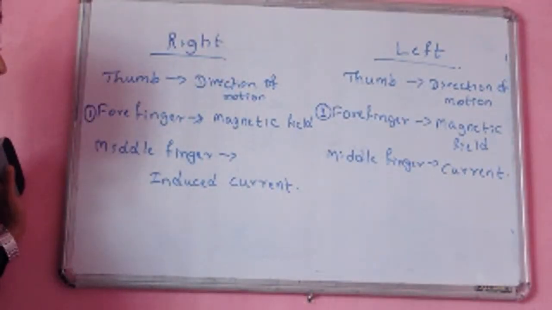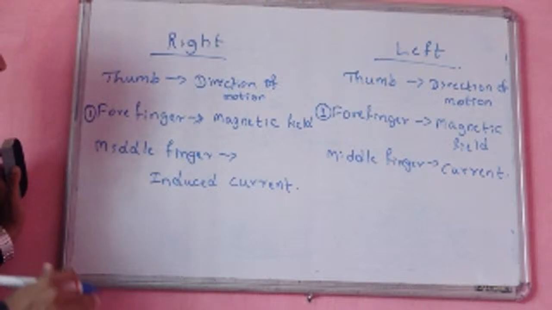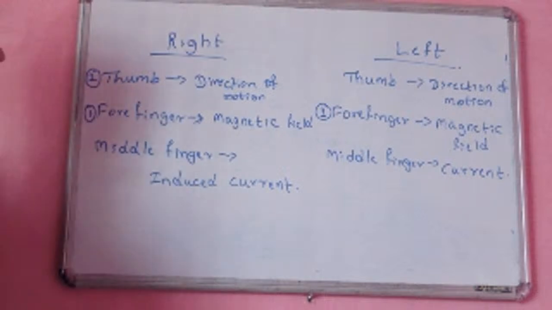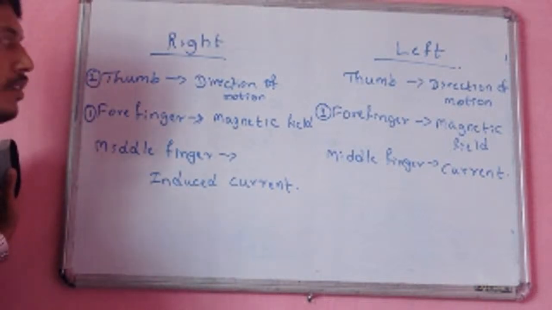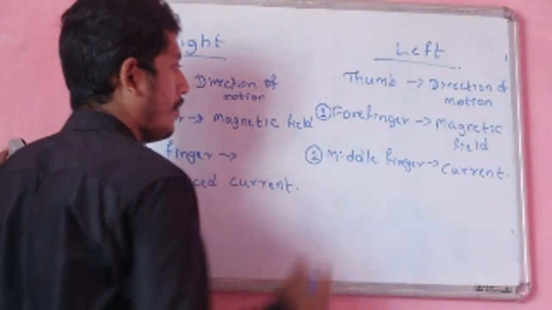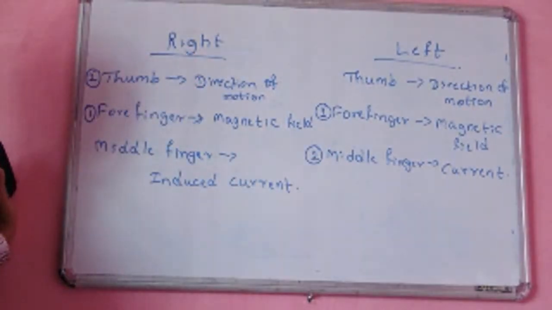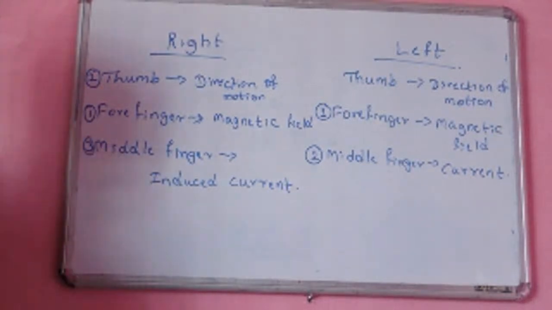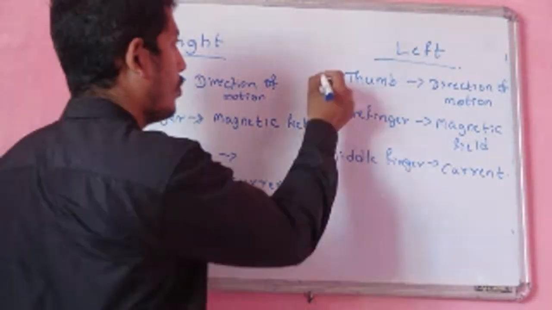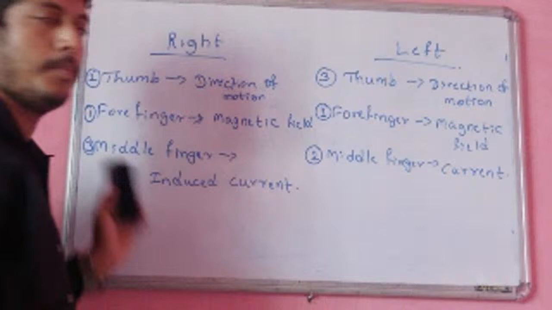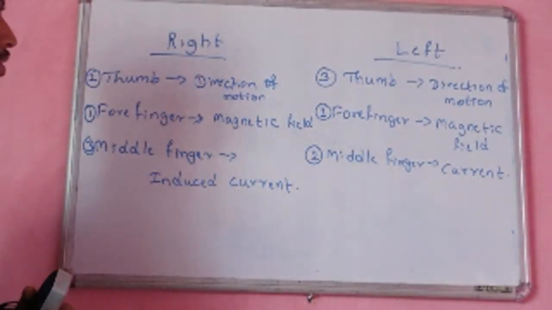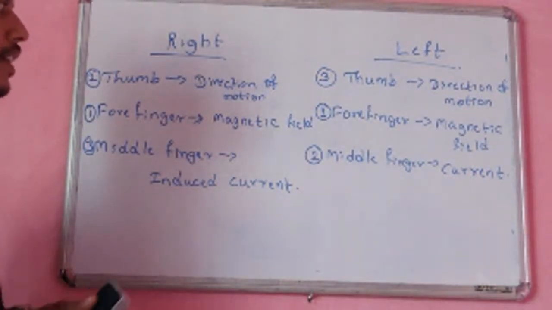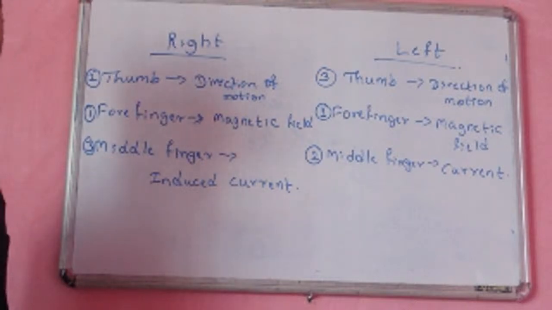Then in the right hand rule, second is the thumb, and in the left hand rule, second is the middle finger. Then in the right hand rule, the middle finger is third, and in the left hand rule, the thumb is third. So all the fingers are the same, only the hands differ, and the three fingers represent the same things, only the arrangement is different.